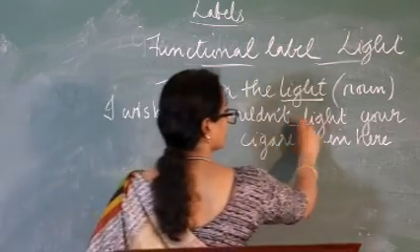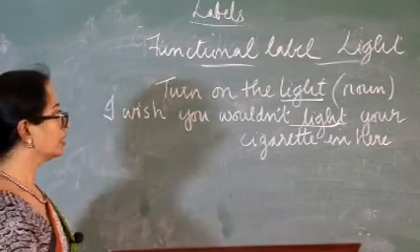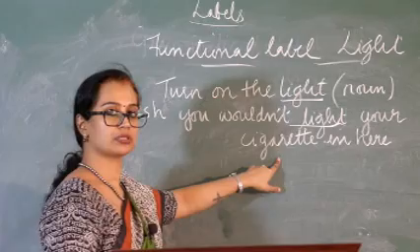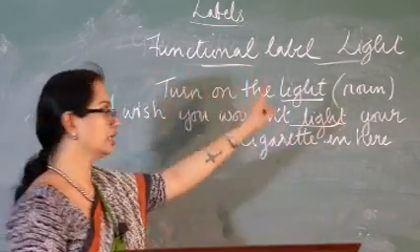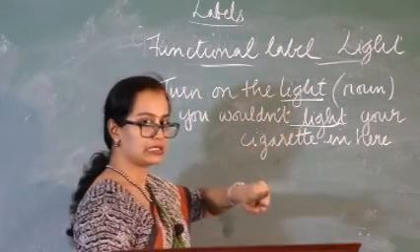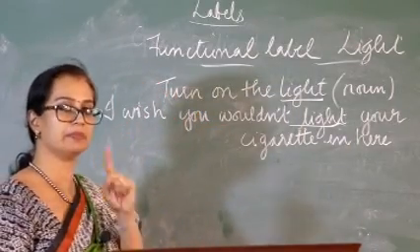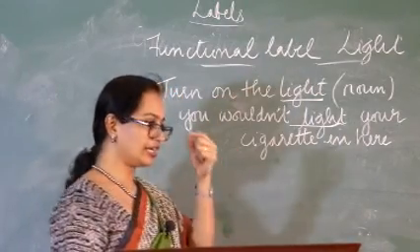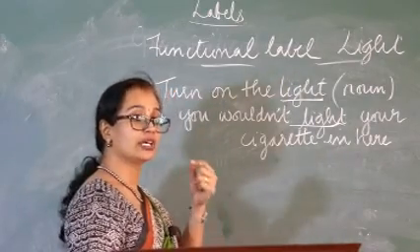What about this light then? Does it function as a noun? No, it doesn't. Here it is lighting the cigarette. It's an action, right? So when it comes to this sentence, it is not functioning as a noun, it is not the name, but rather it is functioning as an action. So the very word light is functioning as a verb here.